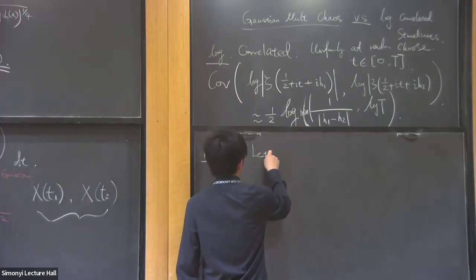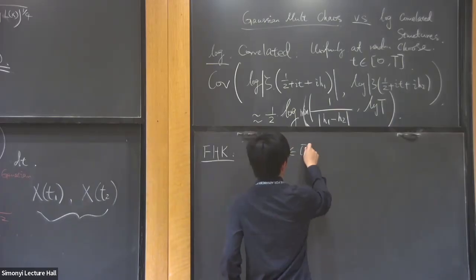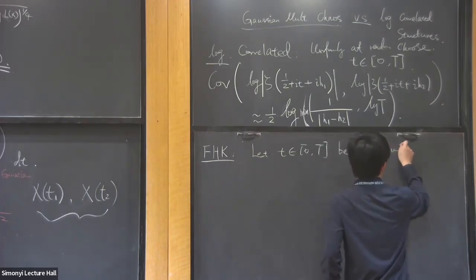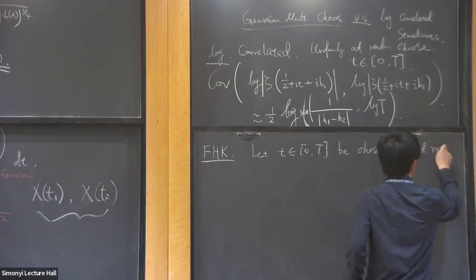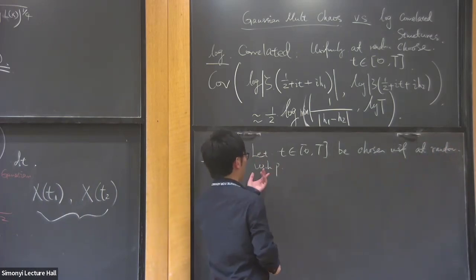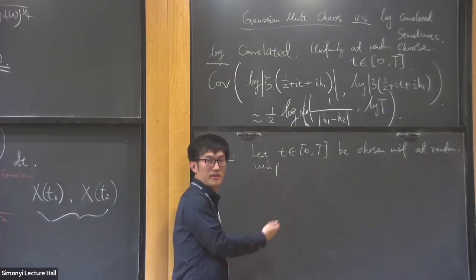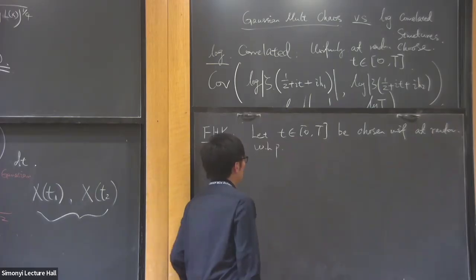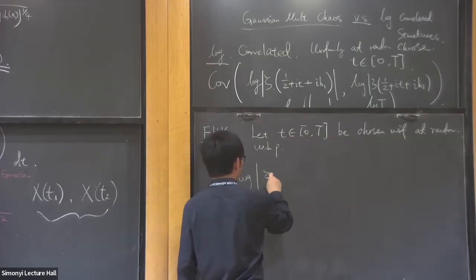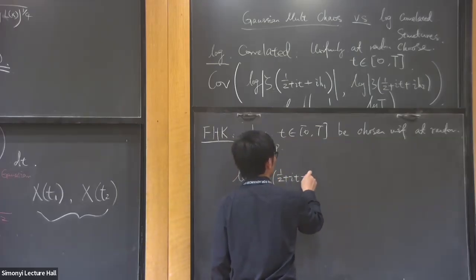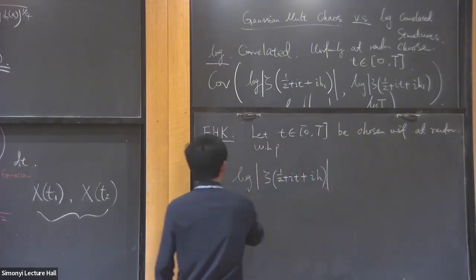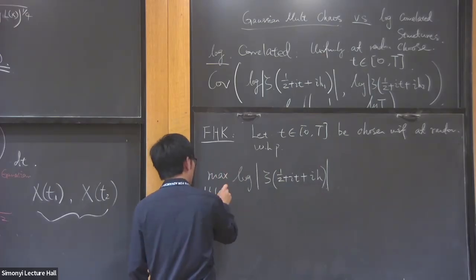So, the following conjecture: let t be chosen uniformly at random from 0 to capital T. Then with high probability, if you dislike probability, this is basically talking about the Lebesgue measure of the t, I'm just speaking probability language, you can study log of zeta of half plus it plus ih and take the maximum over h up to 1.